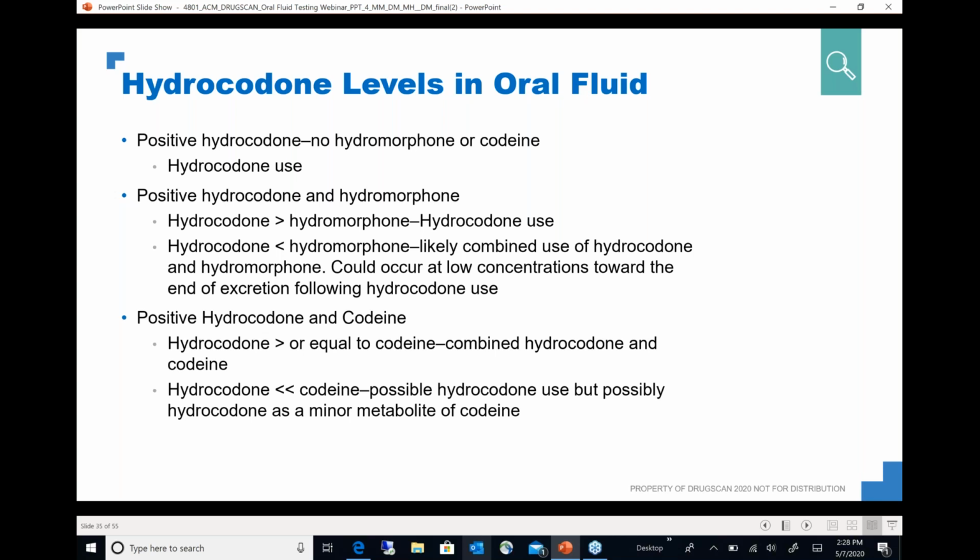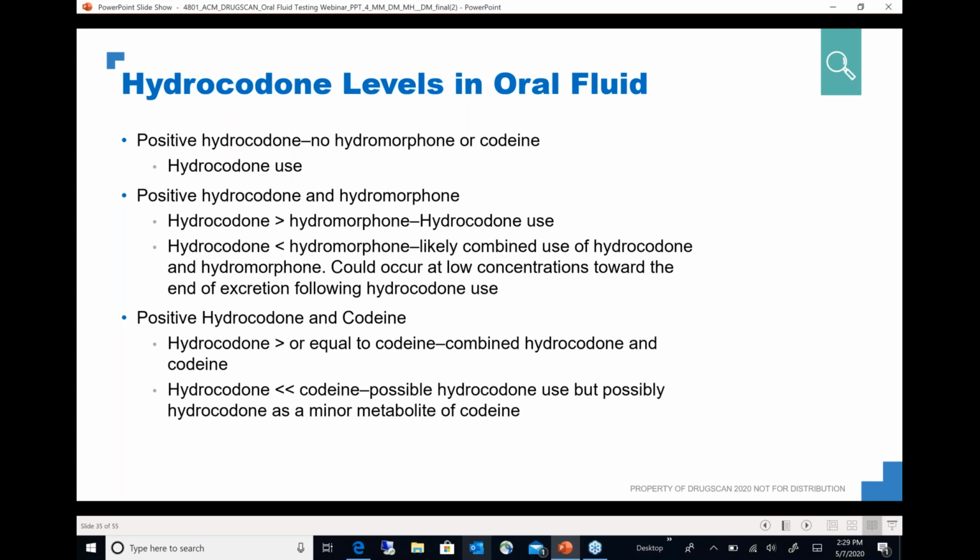Hydrocodone, where the values are much less than the codeine, possibly the individual used hydrocodone in addition to codeine, but most likely it's the hydrocodone being present as a minor metabolite of codeine.